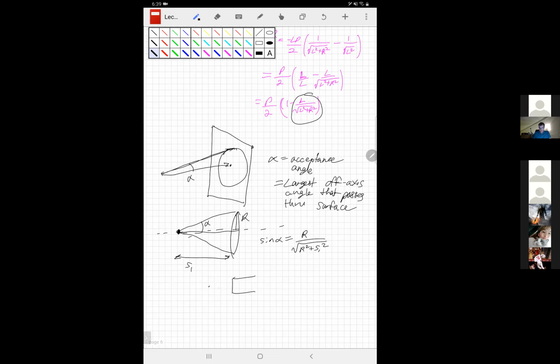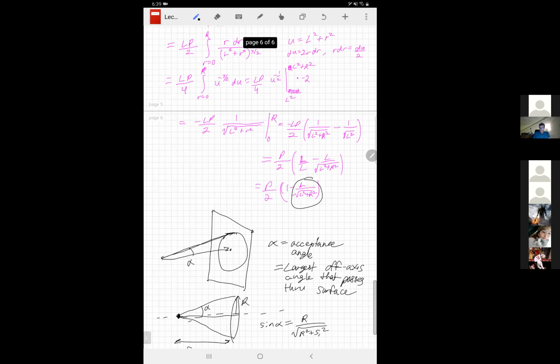Often it has less to do with the dimensions of it than with the fact that light is only accepted. Like you don't have to just talk about point sources. It wouldn't matter where the light is coming from. Only within a certain range of angles will it successfully confine the light. So fiber optic cables will have acceptance angles. Here, what we've got is P over 2 times 1 minus cosine of alpha.